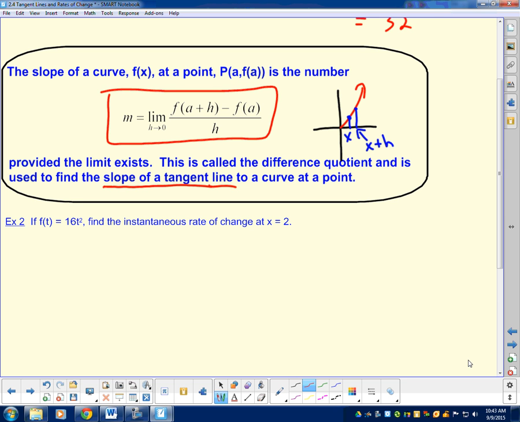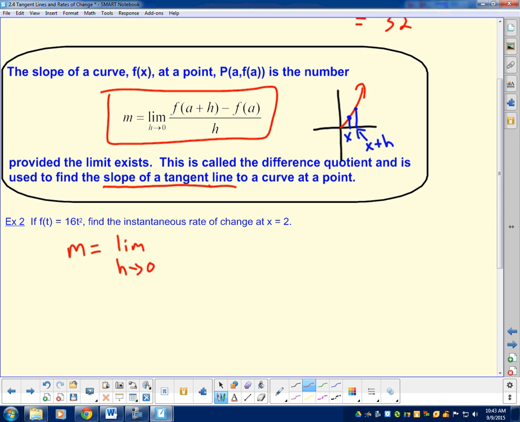So here we go. It says find the instantaneous rate of change at, you see the difference here between this and the average? It says at x equals 2. Whereas the average one, what did you notice? On an interval. Okay, so it's a big difference. So it's m equals the limit as h approaches 0, okay, of f of a plus h.